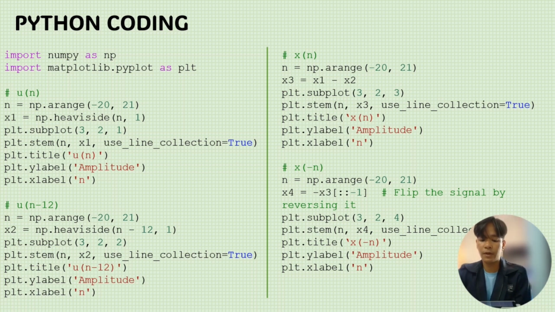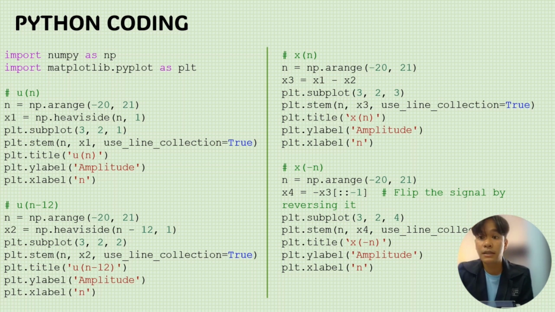So let's go to the first subplot. The first subplot is the unit step. It shows the unit step function u[n], where the amplitude is 1 from n equal to 0 until infinity, while the amplitude is 0 if n is less than 0. The second subplot shows u[n-12], which is a shifted version of u[n] by 12 units to the right.